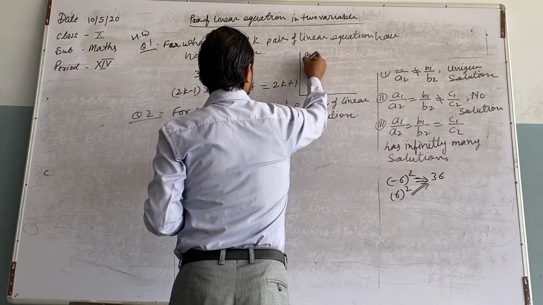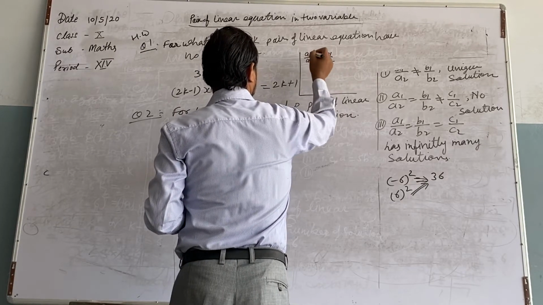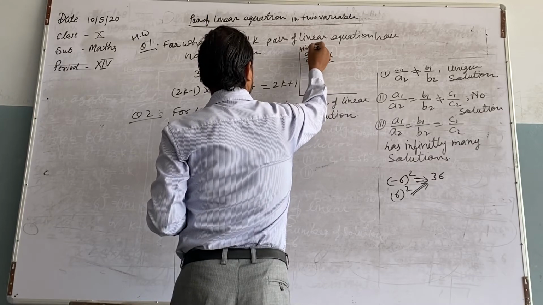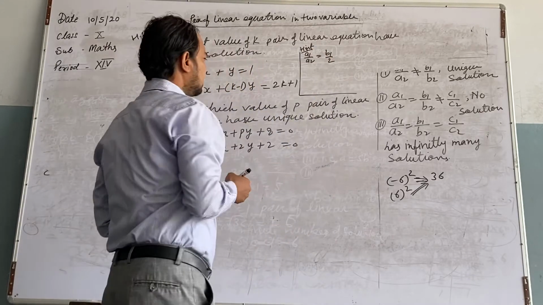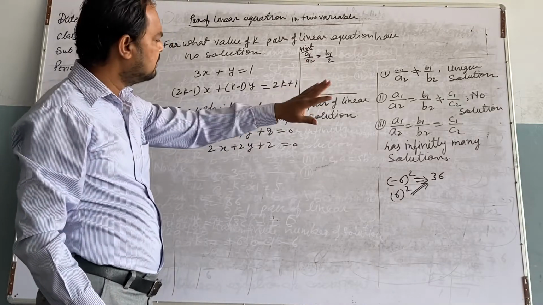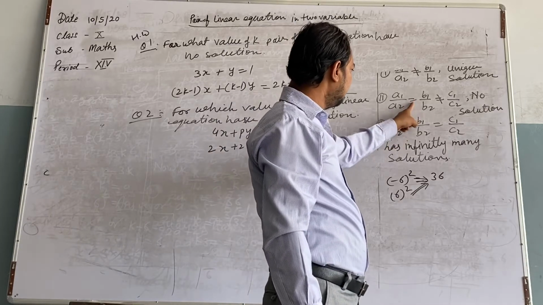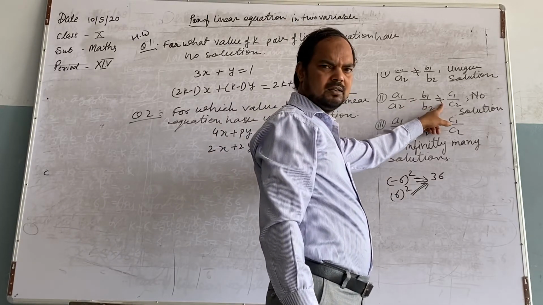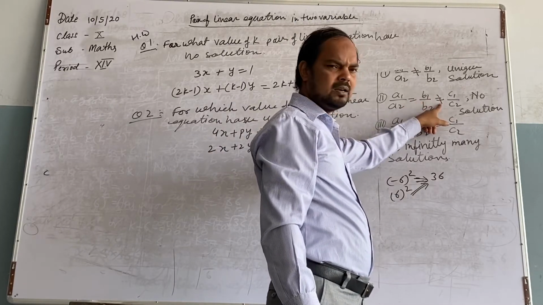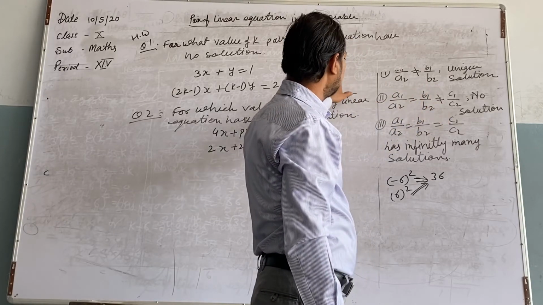A1 upon A2 equal to B1 upon B2 is the one part. When you put A1 upon A2, B1 upon B2, not equal to C1 upon C2, then you will find two types of condition: one is equal, another is not equal.